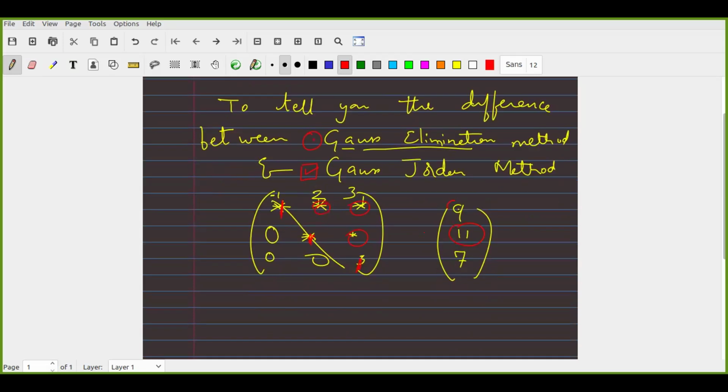So the fact is that in the Gauss-Jordan method, by row operations, you get a unit matrix, more popularly called the identity matrix. Okay, so that's about Gauss-Jordan method.